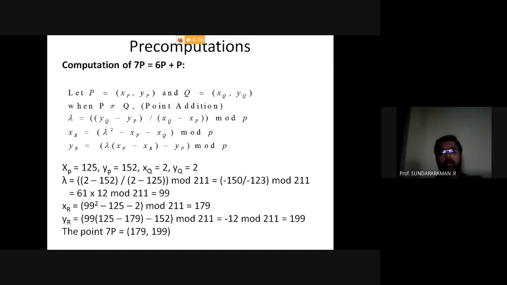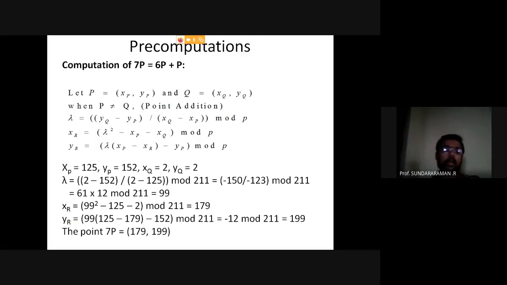For the point P, 2 comma 2. The equation that should be used is (yq minus yp) divided by (xq minus xp), that is (2 minus 152) divided by (2 minus 125), which gives me a lambda value of 99. With 99 square minus 125 minus 2 mod 211 gives me 179.